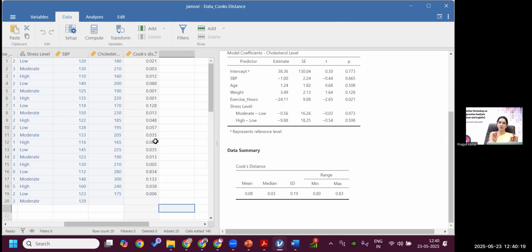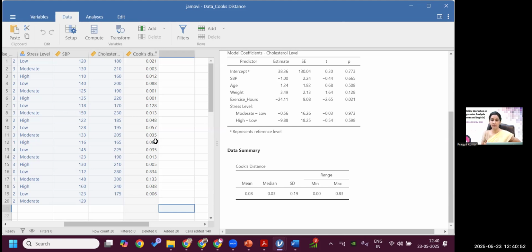Okay. So what is Cook's distance? Basically, Cook's distance takes into account both concepts. What are those concepts? The first one is an outlier. An outlier is a value which has a high residual. And what is high leverage? High leverage is when, in your data, an independent variable has a high value which is different from all the other values, and that is known as a high leverage point.